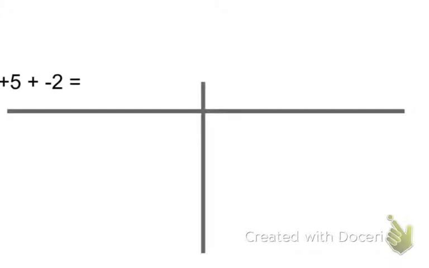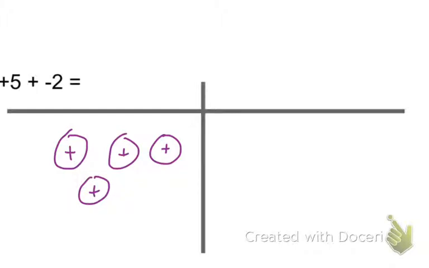And you might want to put these examples in your notes. You don't need a whole lot of room for these, but it helps. Let's say I have 1, 2, 3, 4, 5 positive chips, and I have 2 negative chips.